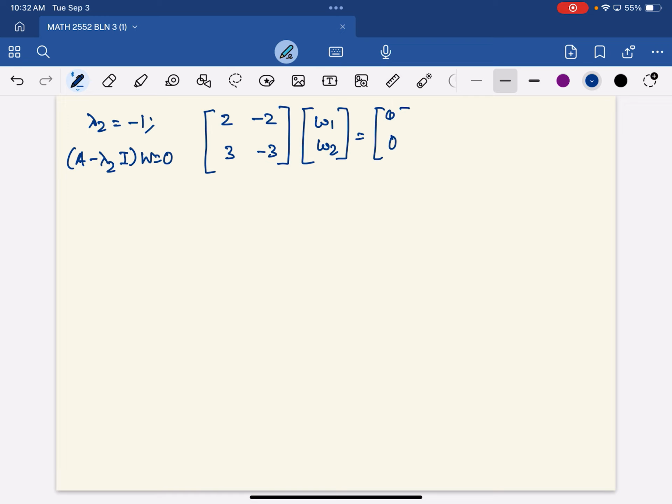So this tells you 2w1 minus 2w2 equals 0, and that tells you w2 is w1. So your basis for the eigenspace would be 1 and 1 when your w1 is 1. Right? Clear? Are you all okay with that?